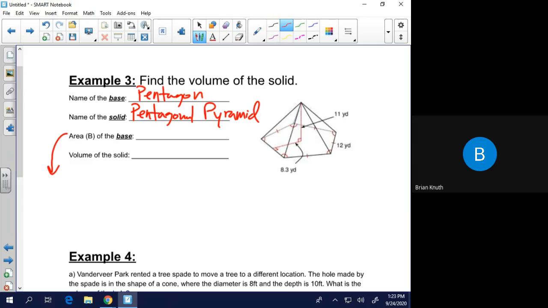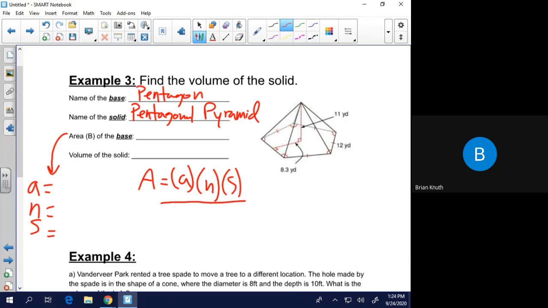We need to know our A, which is our apothem, our N, which is our number of sides, and our S, which is the side length. If you recall, the formula for area of a polygon is area equals A times N times S. The whole thing is divided by 2.